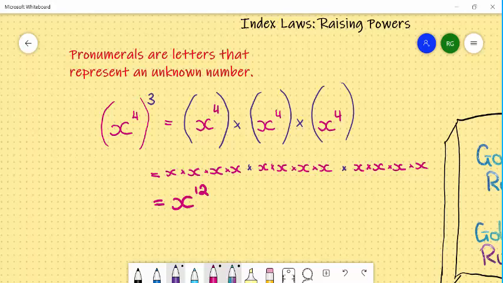It doesn't matter which way around we multiply those x's. It's x times x times x times x and so on until I've done that 12 times. Now, just as in the last lesson, you might see a bit of a pattern with those two numbers and the 12 being formed. You're right, they have been multiplied together because we have 3 lots of the x to the power of 4, which multiplied together gives you 12.